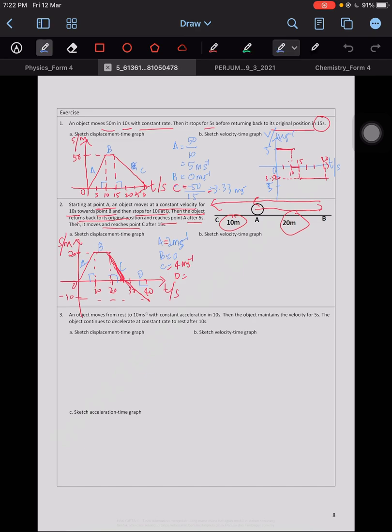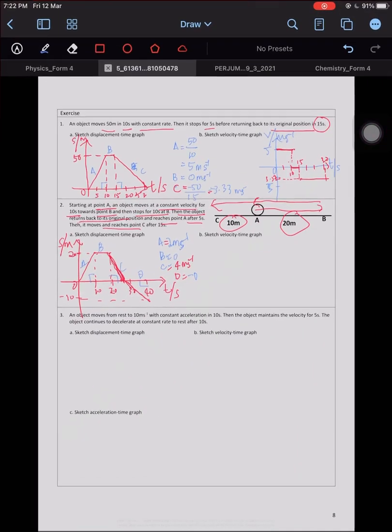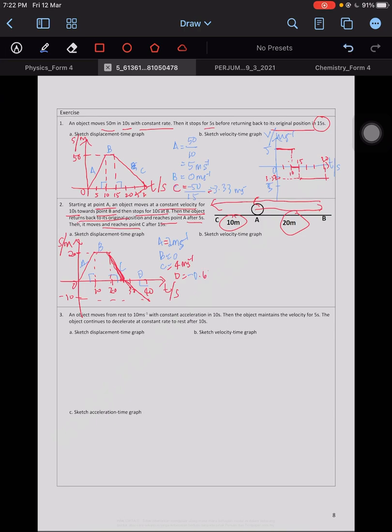How long? It's 15 seconds. What is the distance? 10 meters. So negative 10 divided by 15. So it's going to be negative 0.66 meters per second. Okay, so this is the information that you needed.